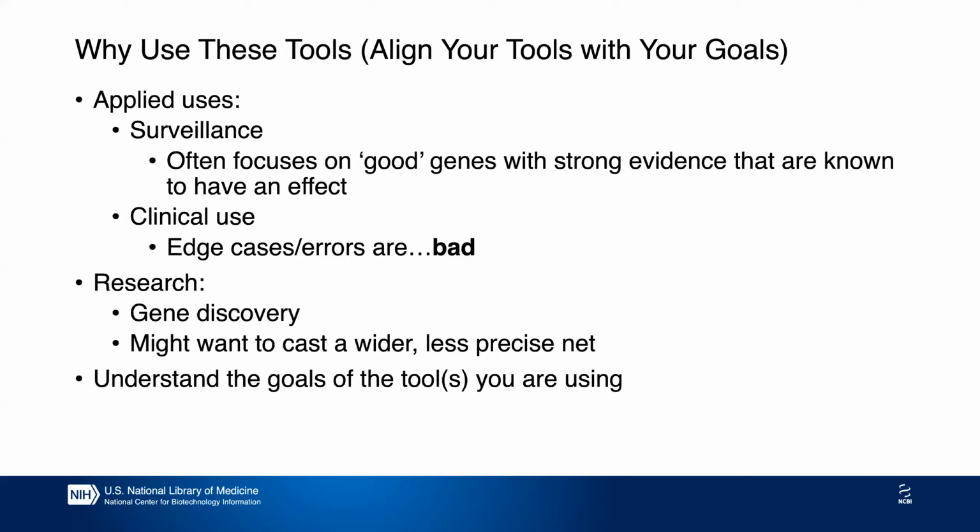You might want to look at things like efflux pumps that are found within a species, common in a species, because you want to say, well, maybe there's a novel mechanism. So you really need to understand the goals of the tools that you are using, why they were put together.